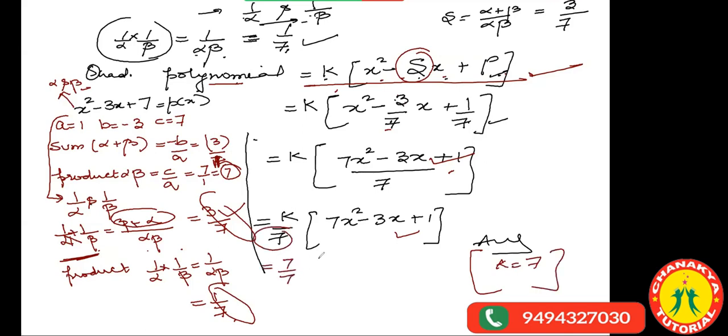So 7 by 7, 7x square minus 3x plus 1. Then the 7 cancels, and it will be 7x square minus 3x plus 1. Clear, beta? Clear, ma'am. Students, all have understood? Yes, ma'am. Any doubt? No, ma'am.